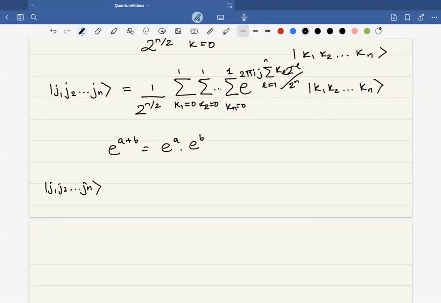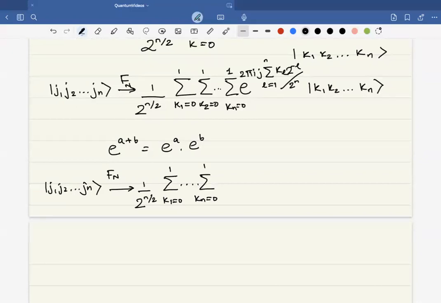This should not be equal to, but rather this under the Fourier transform goes to f. This is going to be 1 over 2 to the power n over 2, summation k1 equal to 0 to 1, dot dot dot, kn equal to 0 to 1.